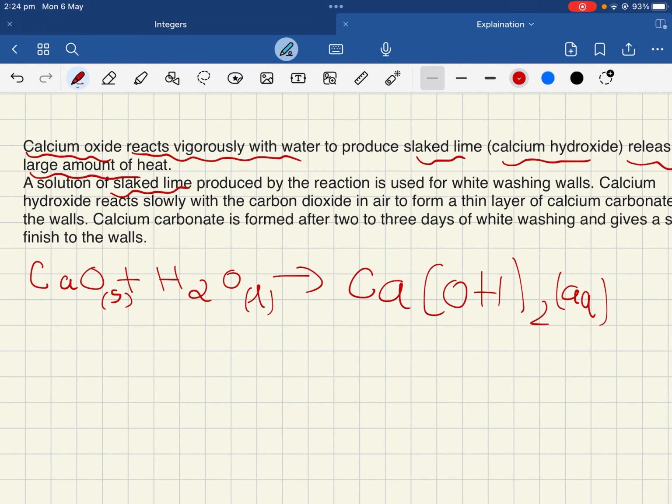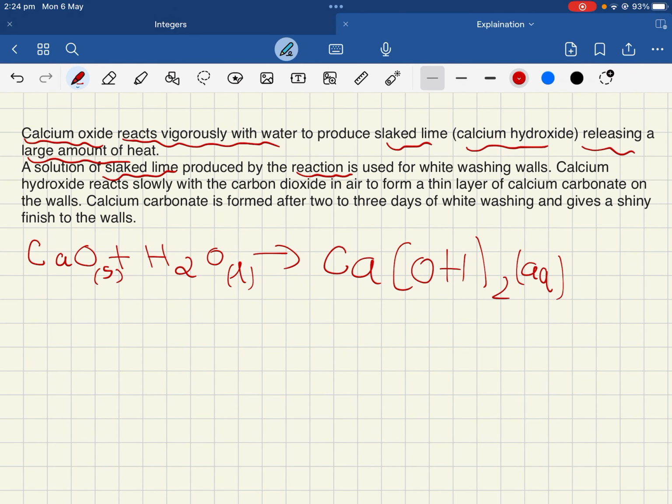A solution of slaked lime produced by the reaction is used for whitewashing walls. What do you mean by whitewashing walls? It means to paint walls, or to plaster walls, etc. Calcium hydroxide reacts slowly with carbon dioxide in air to form a thin layer of calcium carbonate on the walls. Now how can we express this in the chemical form? This is equation 1.